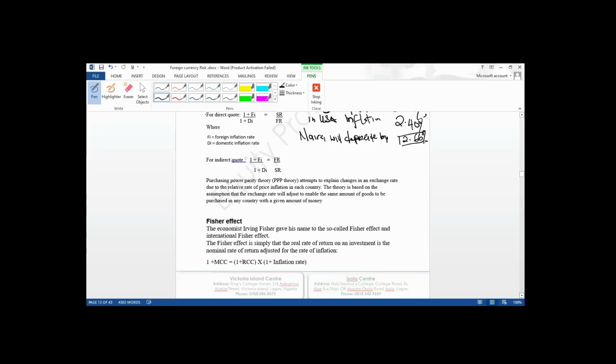The Fisher's theory argues that exchange rate between two countries is determined by inflation rates as well as interest rates.